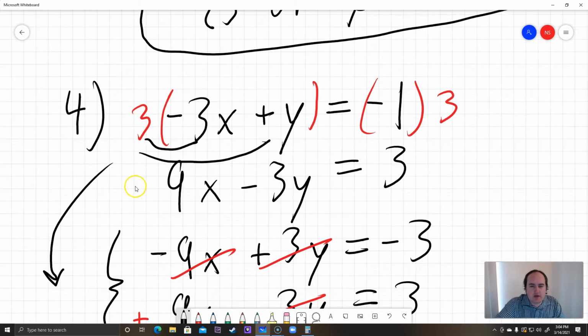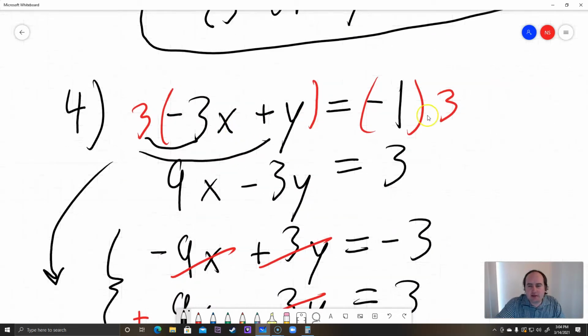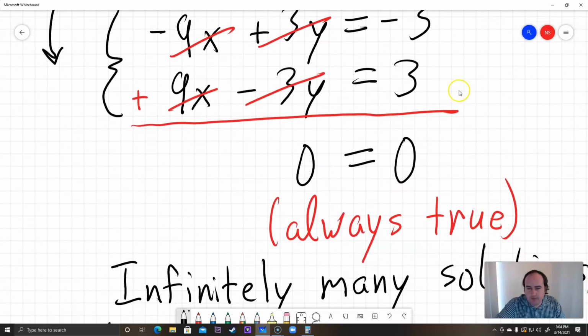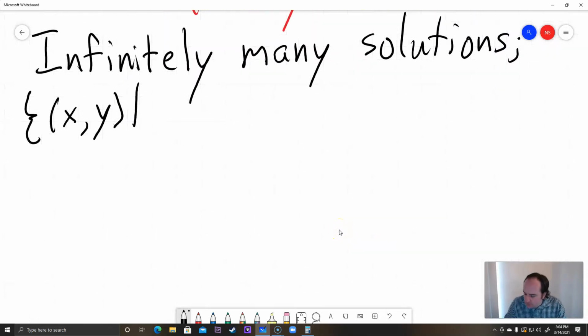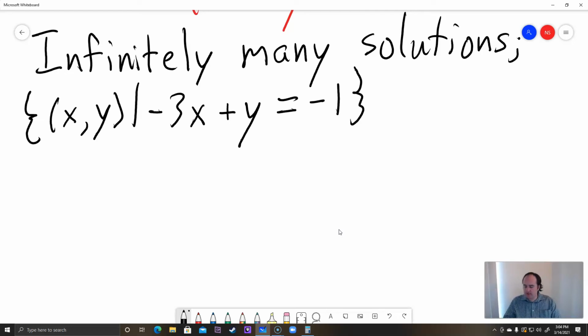So in the original equations, we had negative 3x plus y equals negative 1. So I'm going to write that here. Okay, so negative 3x plus y equals negative 1 was one of our original equations. And if you want to know more why this is true, you need to watch my other video, because I'm not going to explain the same stuff all over again.